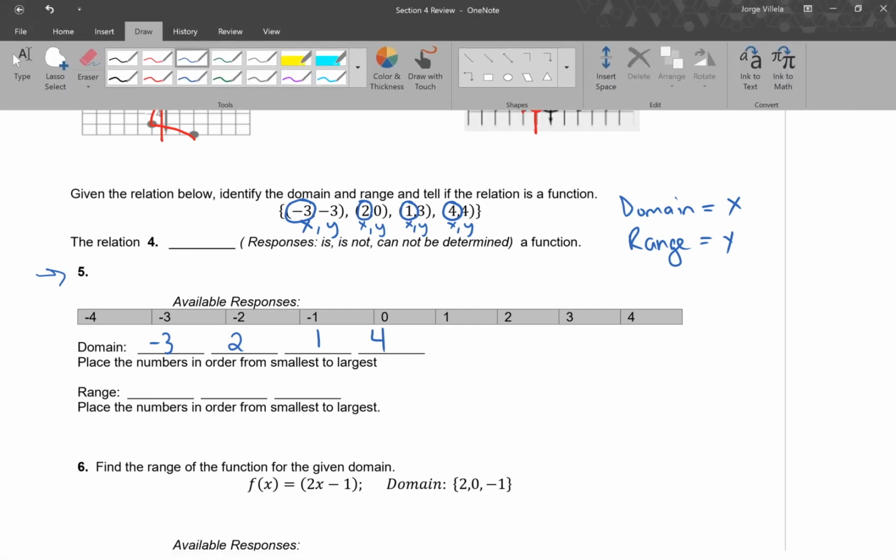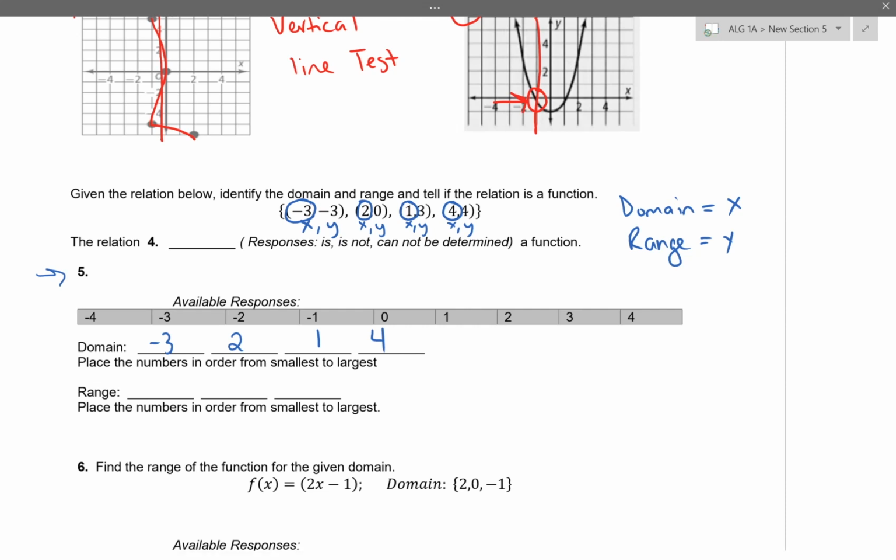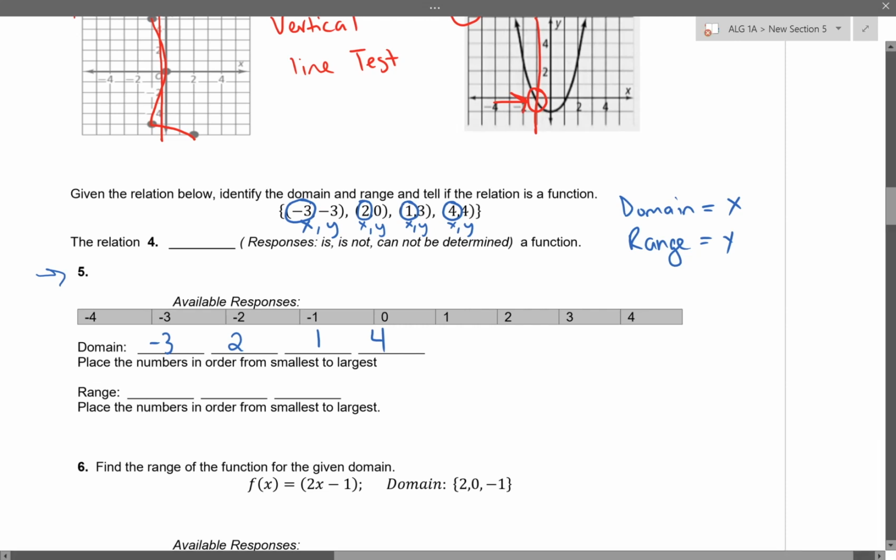All of those are my domains. Now, what about my ranges? Alright, my ranges, I have -3, I have 0, I have 3, and I have 4.